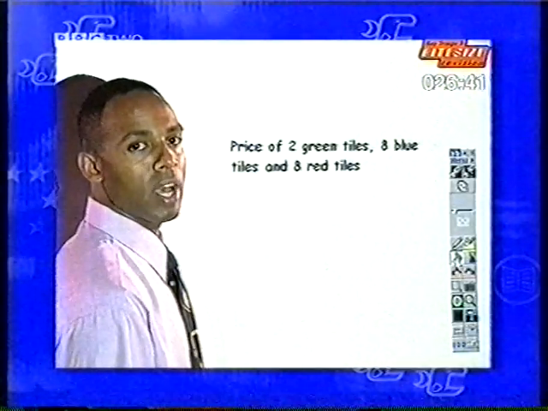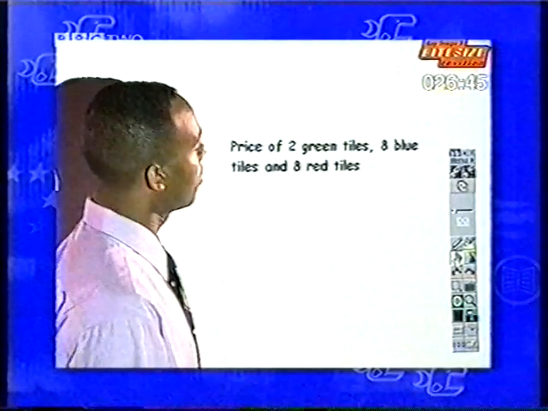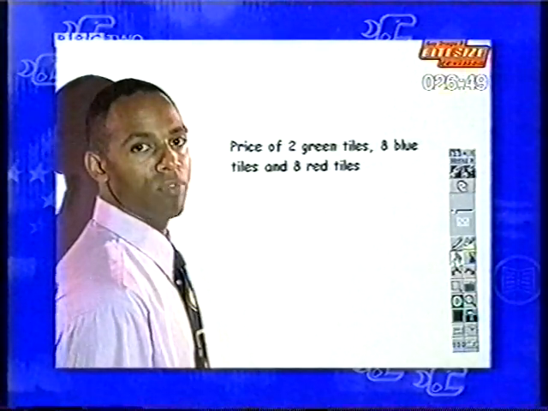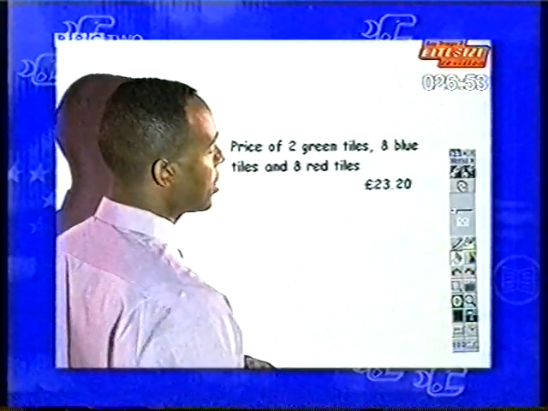Suppose the cost of the tiles to tile one small section of the wall at the end of the bath, with 2 green tiles, 8 blue tiles and 8 red tiles, comes to £23.20.